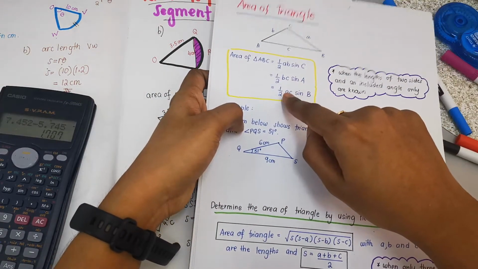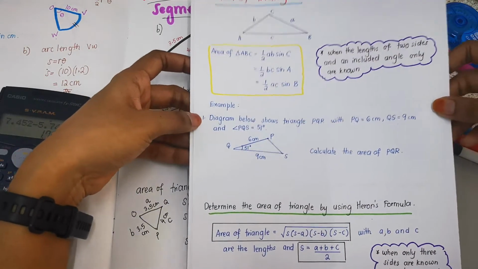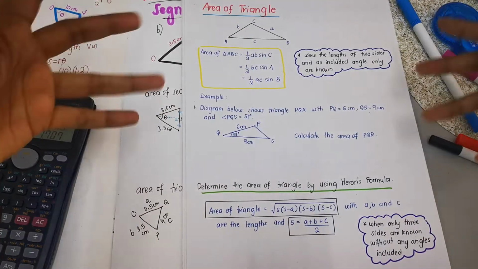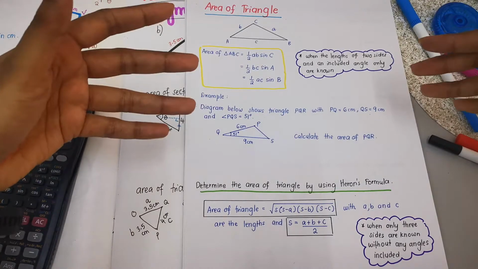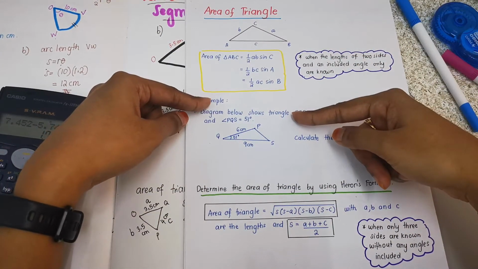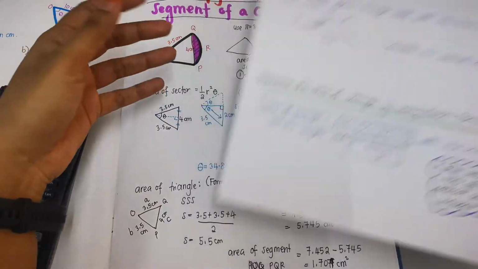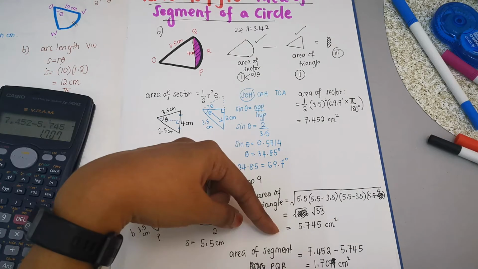It's totally up to you. As a student, you should relate to which one you want to use, Heron's or this, because either way you will still get the same answer.